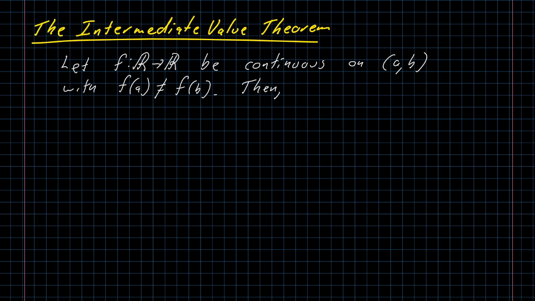Let's let f be a real valued function which is continuous on some interval. Right? So it doesn't have to be continuous everywhere, but it has to be continuous on an interval, and specifically an interval where the endpoints f of a and f of b are not equal to each other.